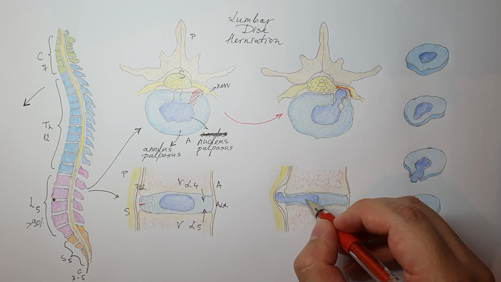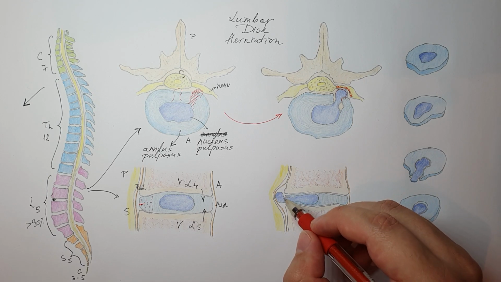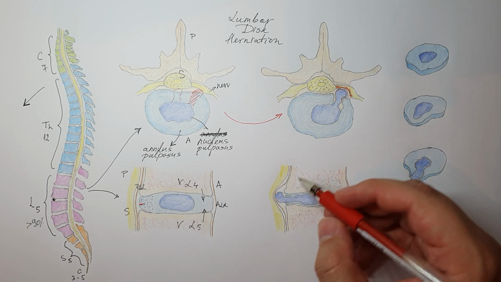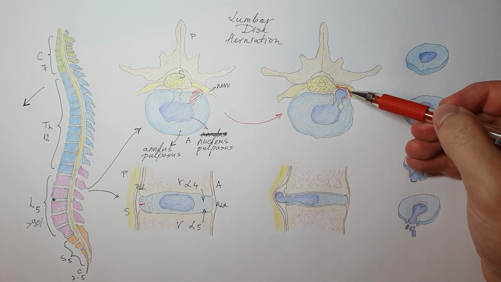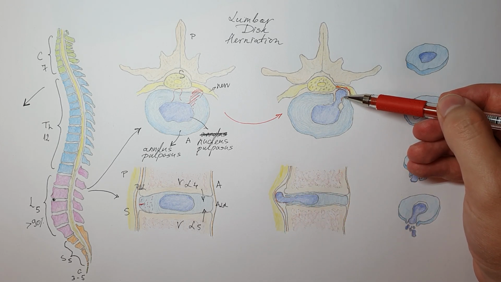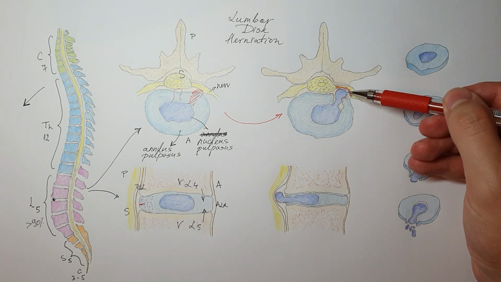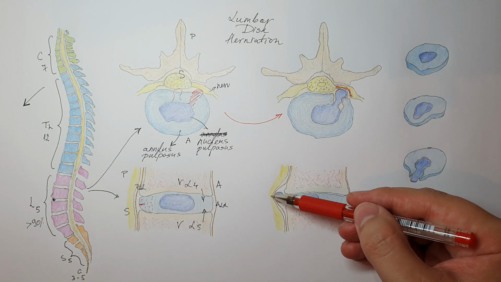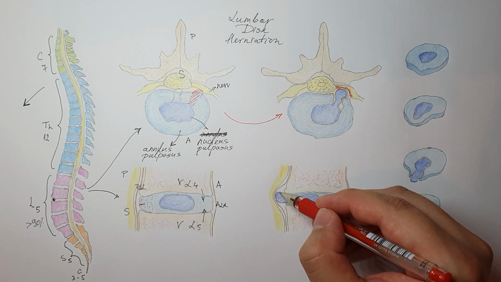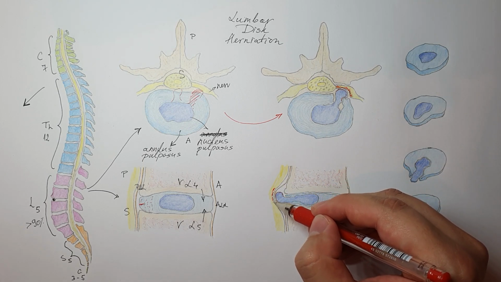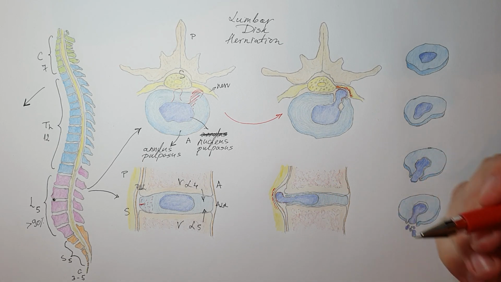The nucleus is pushed posteriorly, and it herniated. You see how this hernia can push on the nerve root if it is herniated posterolaterally, but if it is herniated centrally, it can push on the spinal cord and cause problems there.